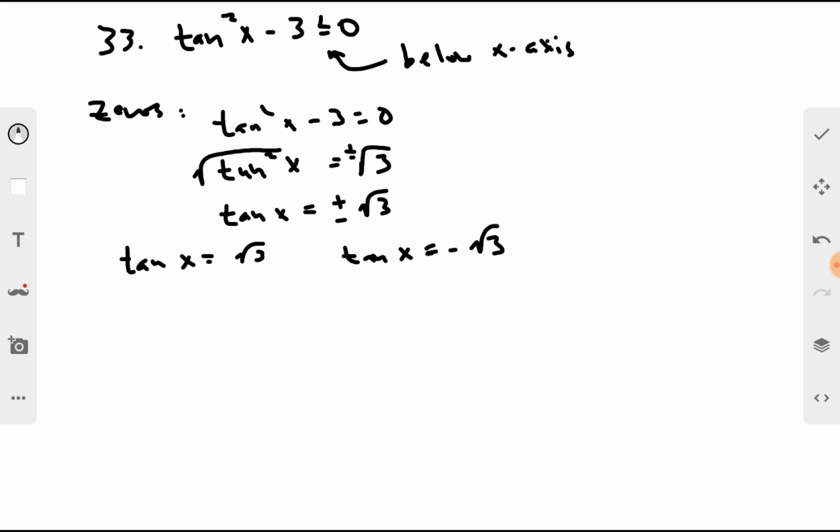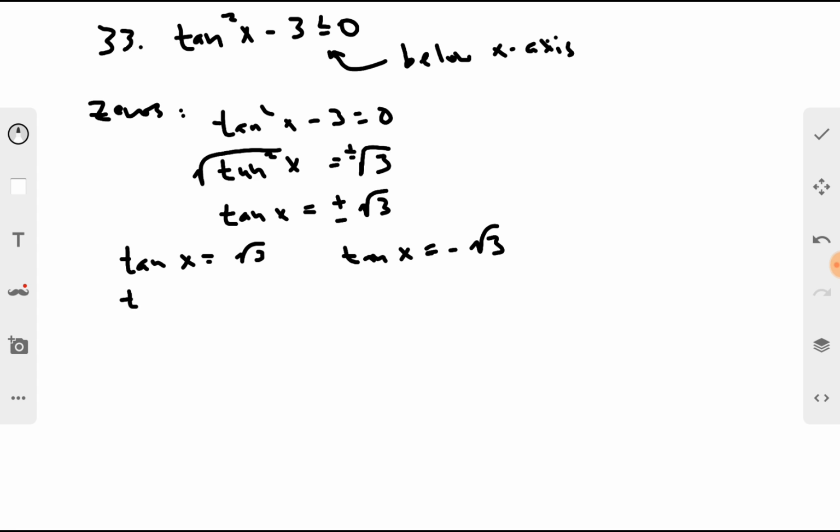All right, now these are actually values that you can read off of the unit circle. So it would be at the pi over 3 interval: pi over 3, 2 pi over 3, 4 pi over 3, and 5 pi over 3. But just to run through how you would do it if you have to use the calculator, you can either use the zeros function on your calculator, or you can use the tangent inverse function.